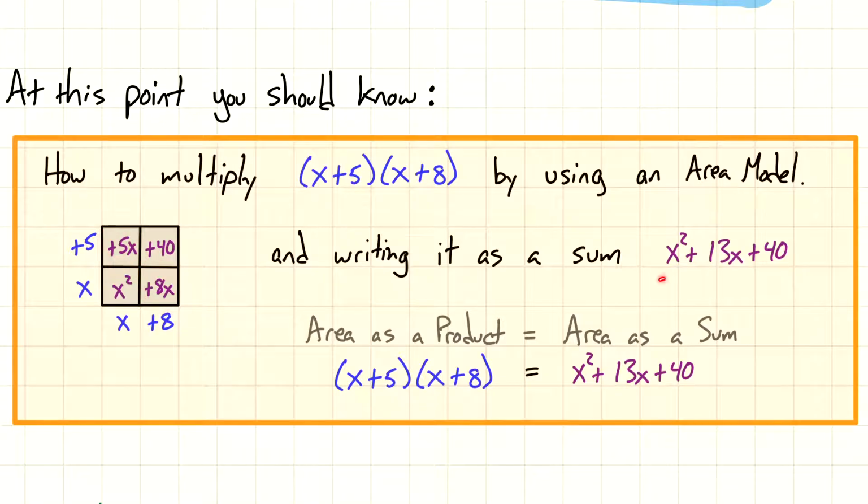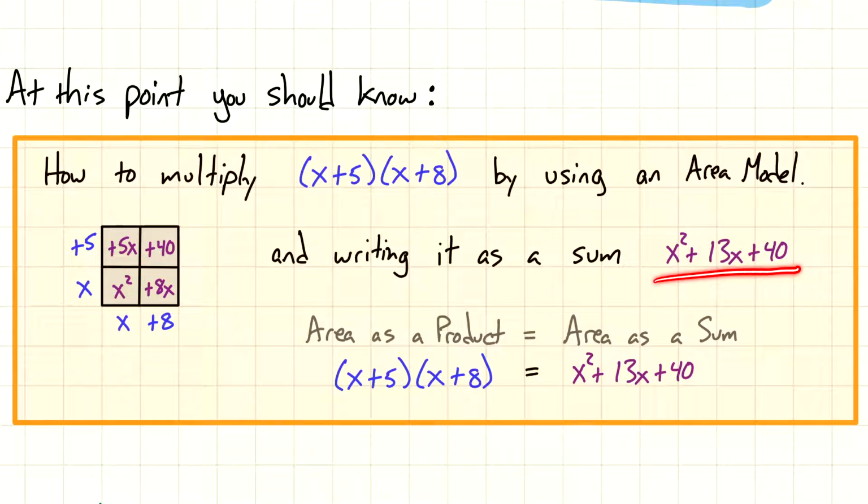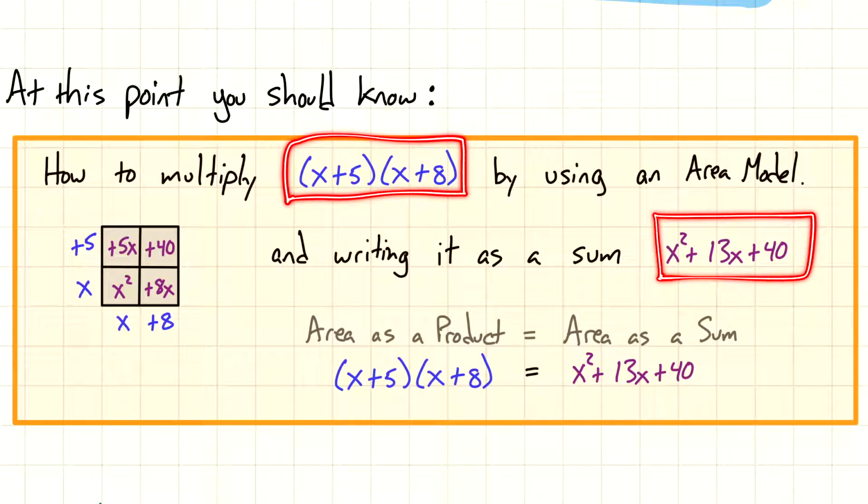So when we write it as a sum, we have x squared, and then we have a 13x, which was the two x terms combined, and then the remaining term was a positive 40. All we're doing is adding up everything inside the box, and the terms on the outside were our product. The terms inside would be our sum.